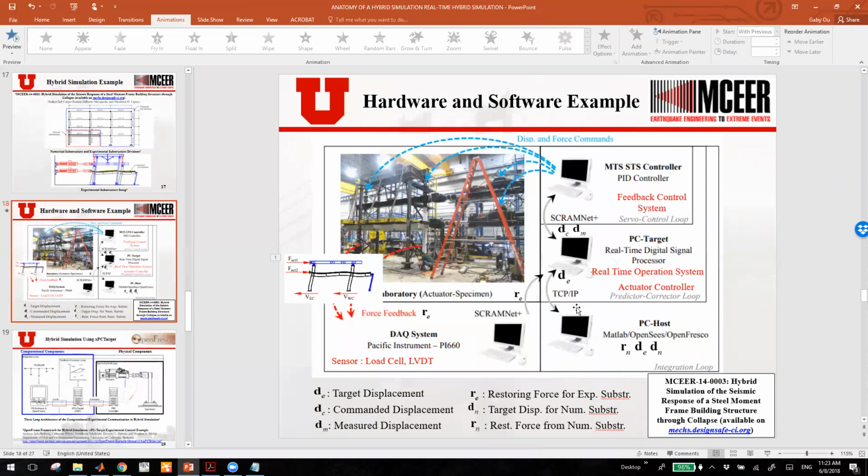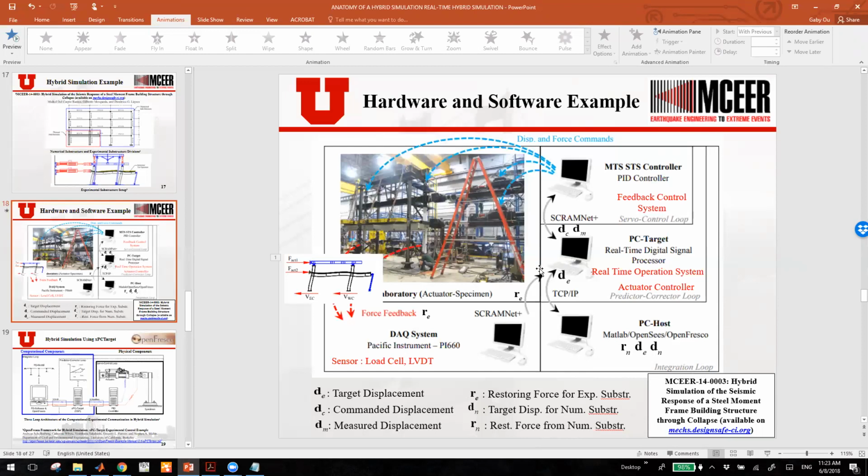Let's start looking from the bottom right corner, where they have the numerical simulation, which represents the numerical substructure. Based on what I read from the report, they use OpenSees and OpenFresco for numerical substructure modeling and for producing the response at the boundary condition.